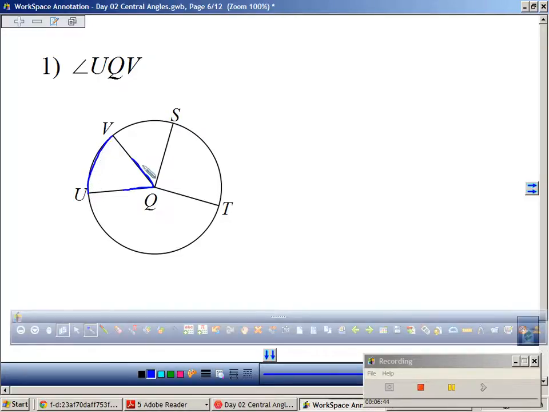Here's the arc that's associated with that angle. So that was the arc, and usually it starts with the same letter that the angle does, UV. So go ahead and copy that down in your notes.